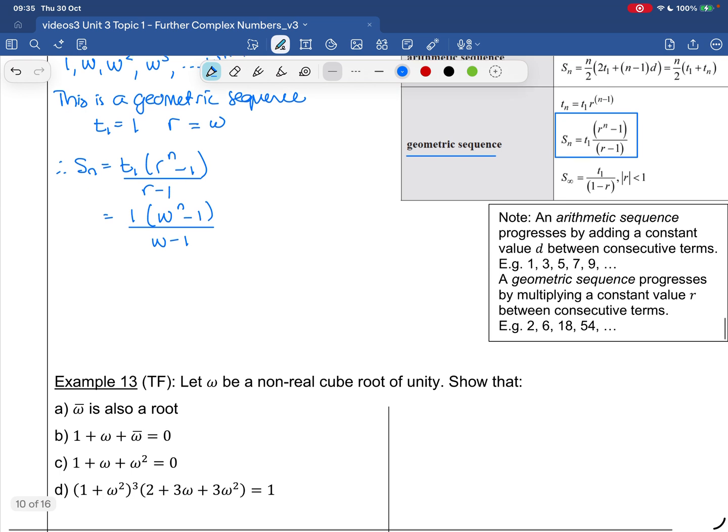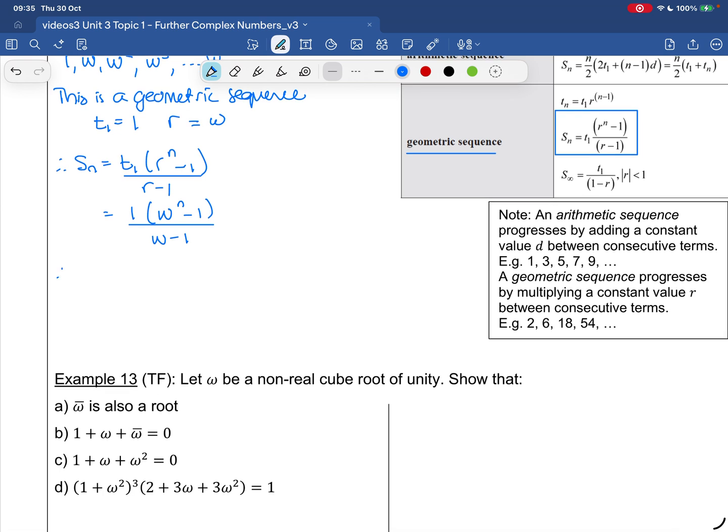So therefore I know that 1 plus omega plus omega squared plus etc. is going to be equal to (omega^n - 1) over (omega - 1).